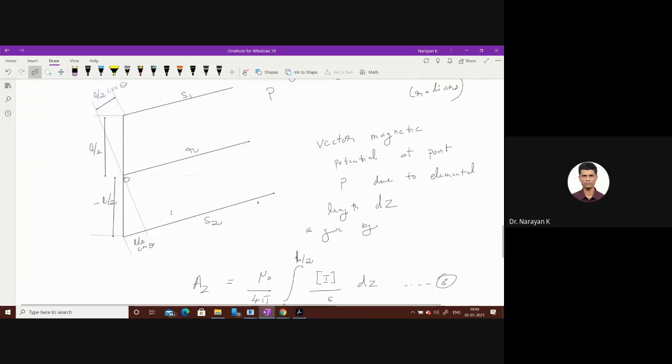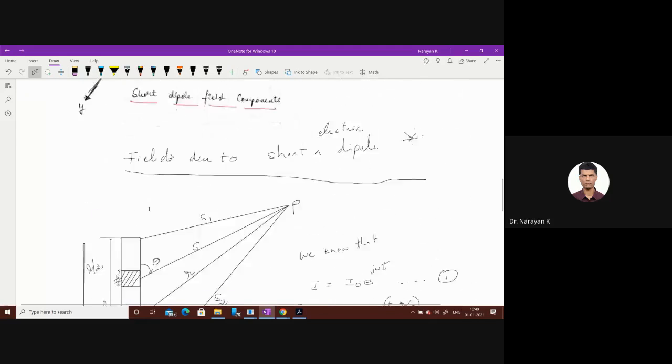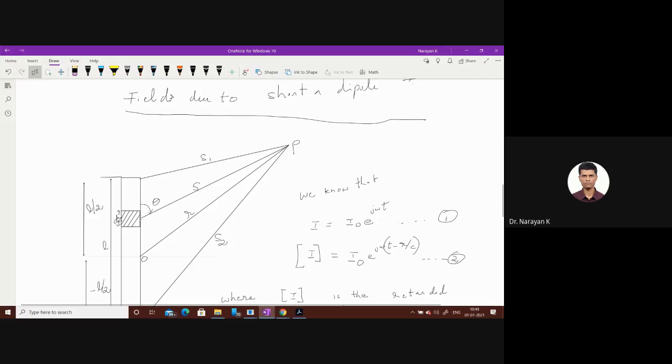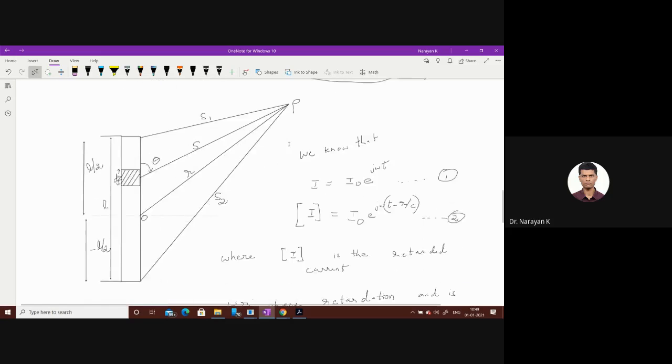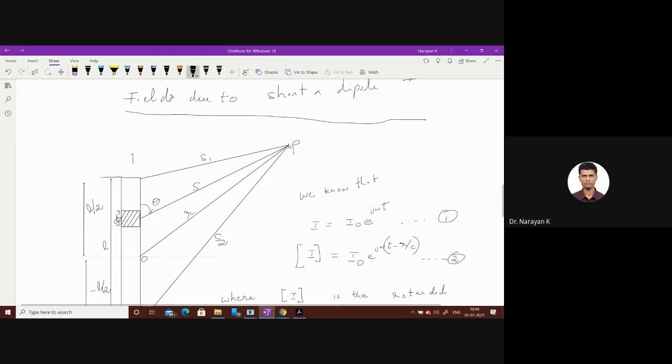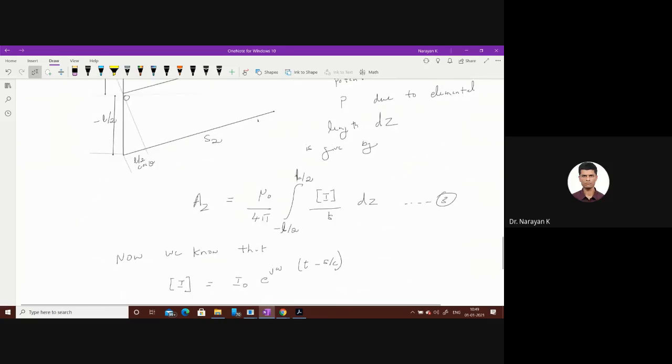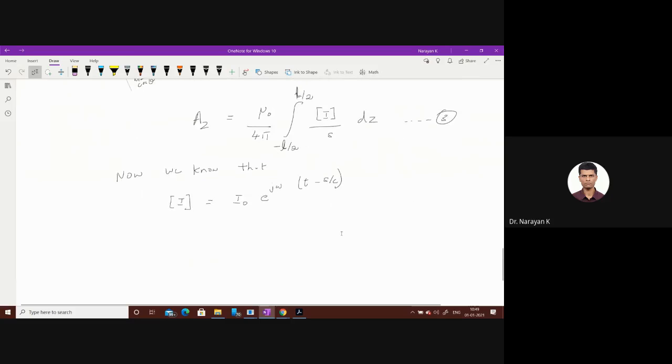Here, if you are taking this elemental length dz, what is the distance from here to point P? We will call this figure 1, so you have to refer to figure 1. What is the distance between the elemental length dz and point P? That is why I have put S here. So that distance is S. So the retarded current I is equal to I naught e raised to the power j omega t minus S by c.